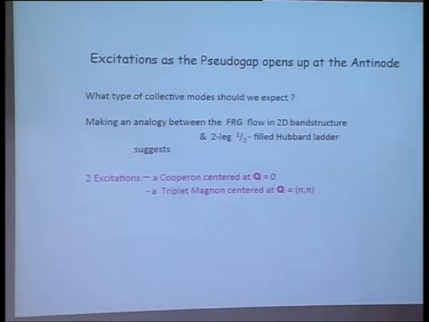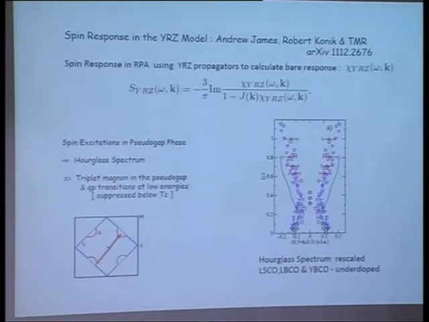Now, the question then is what we should expect in the two-dimensional case. Well, recently with Andrew James and Robert Konik from Brookhaven Lab, we just put on the net a calculation of the spin response within this model, using an RPA description where the non-interacting, so to speak, bare chi is chosen by a product of these ansatz propagators.